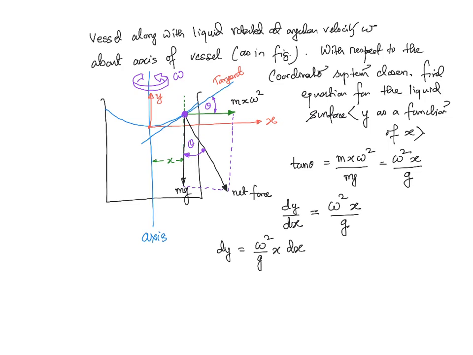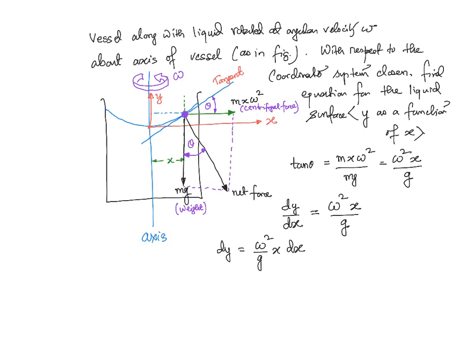This is the centrifugal force, and mg is the weight, the gravity force. Their vector sum is the net force. x is the radius of circular motion of this purple particle.